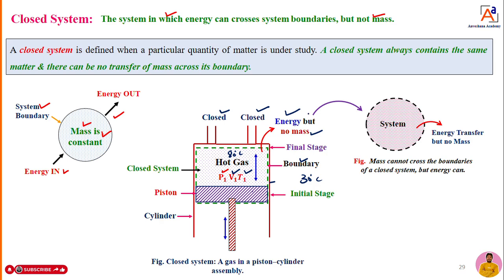If only heat energy is transferring but there is no mass transfer, that type of system you can call a closed system. So a closed system is a system in which only energy can transfer but there is no mass transfer.